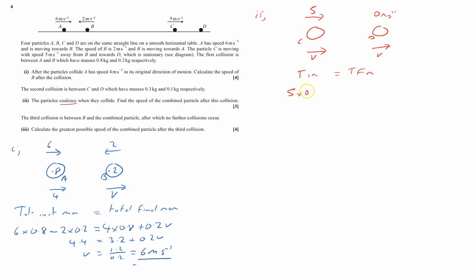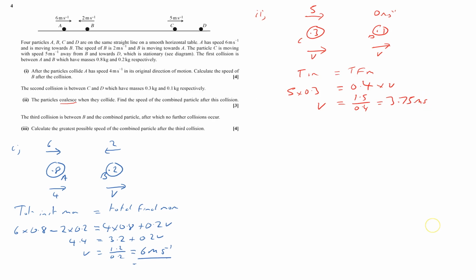It's 5 times 0.3, and that will equal our final momentum. Oh, I should put the masses in. That's 0.3, that's 0.1. And the final momentum, since they all stick together, that will now be 0.4 times V. And so V will equal 1.5 divided by 0.4, which is 3.75 meters per second.